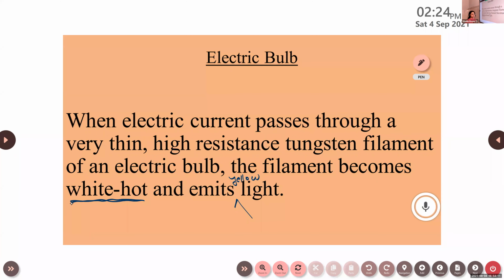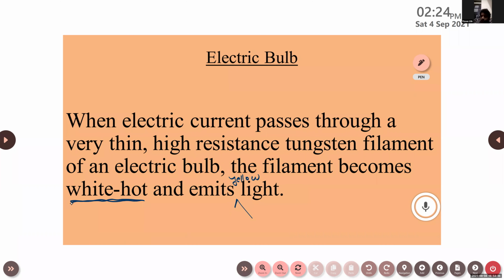So when this electric bulb emits a very bright light, what is the condition for that? Geraldine, whenever the electric bulb emits much brighter light.